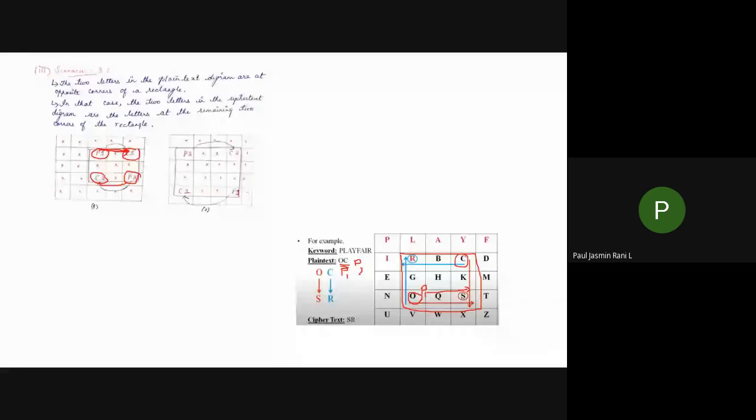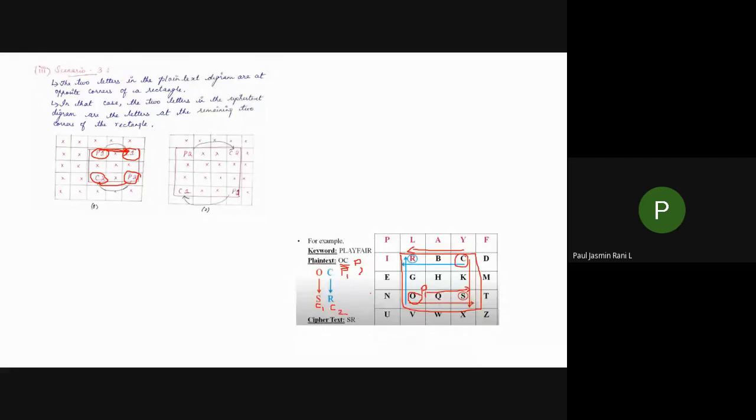So for this P1 plain text, Y should be considered as your ciphertext, so C1 is Y. Now for C, the dead end from right to left is R. R is the dead end in your rectangle, so C2 is nothing but R.